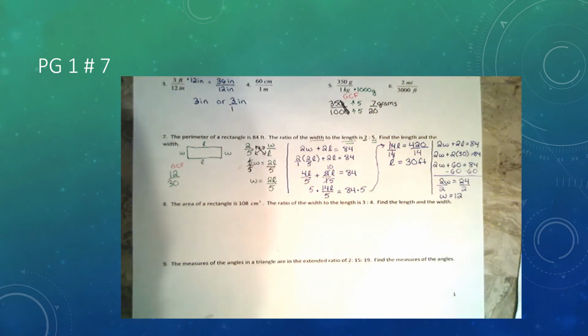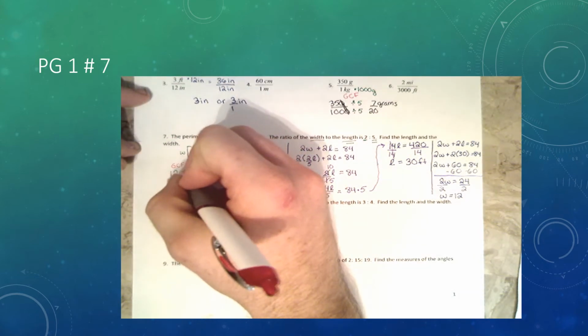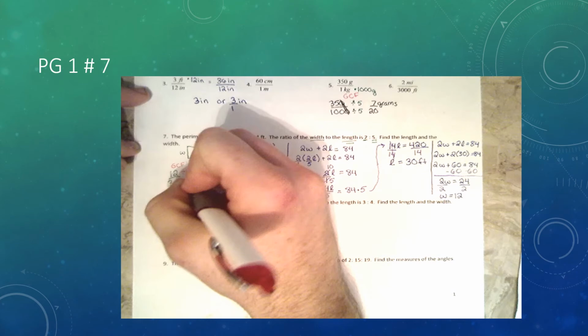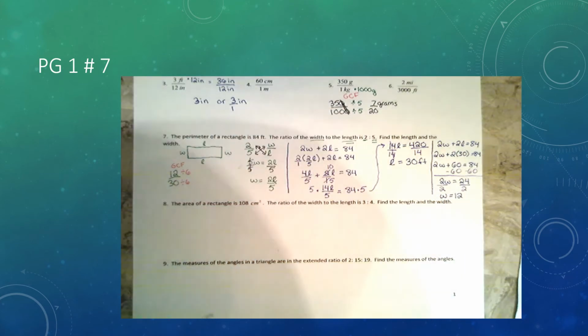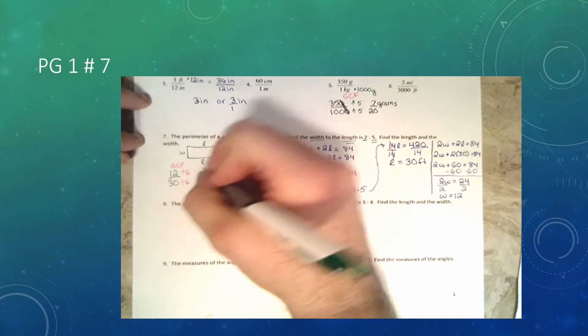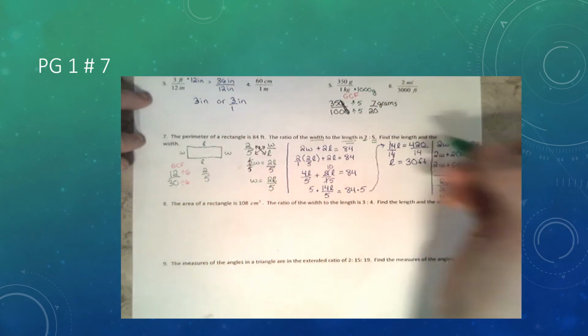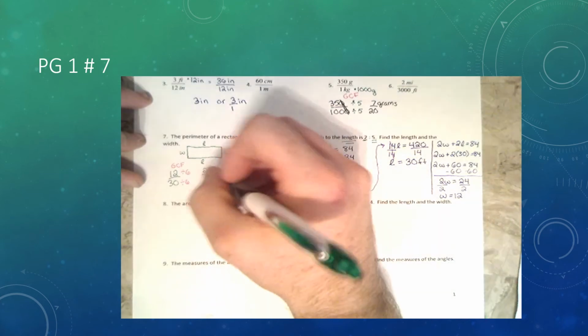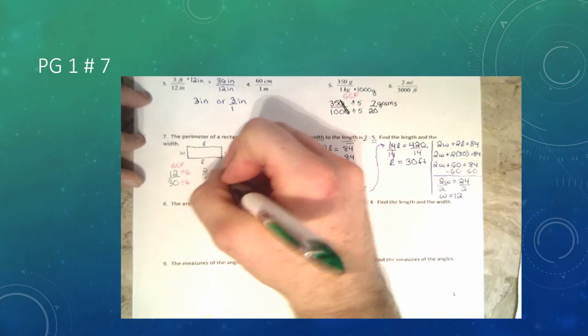The greatest common factor in this one would be 6. So if I divide the top and the bottom by 6, I would in fact get 2 over 5. And to be more specific, 2 over 5 feet.